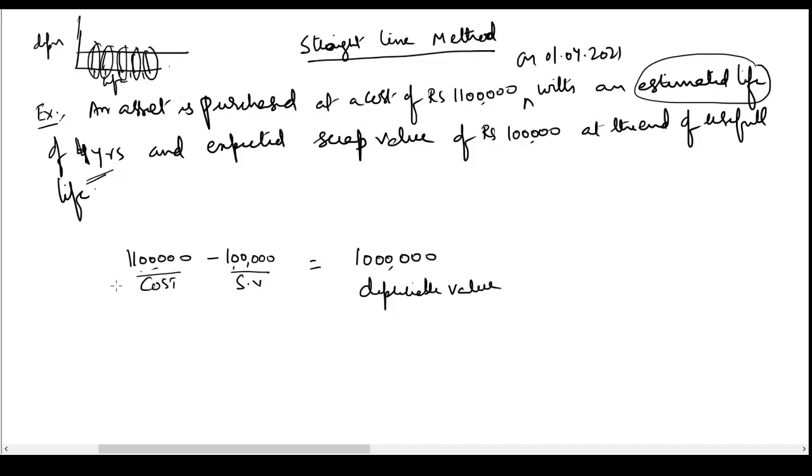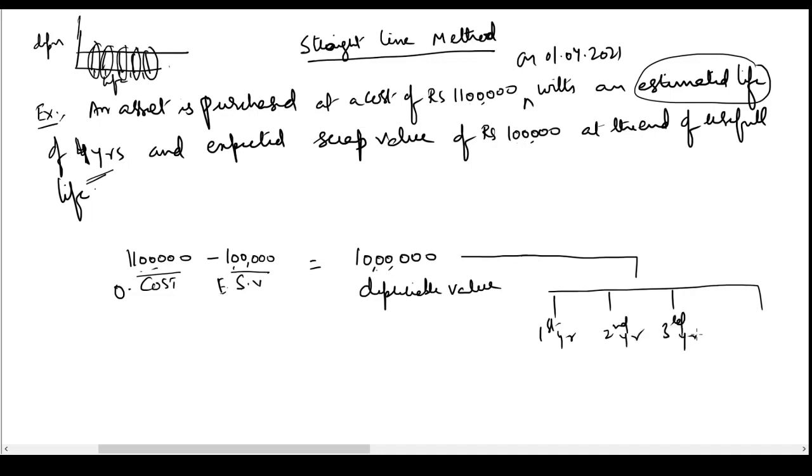So the original cost is 11 lakh, and the estimated scrap value is 1 lakh. The difference, 10 lakh, is the loss that can happen to the business, and that amount is called the depreciable value. This 10 lakh has to be spread over the life of the asset: first year, second year, third year, and fourth year.